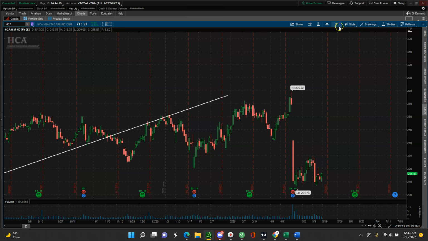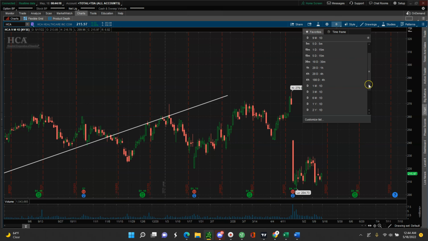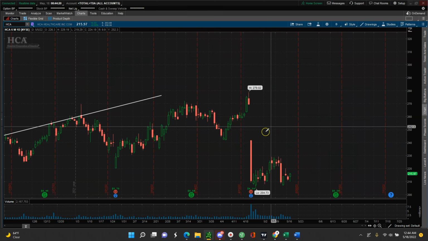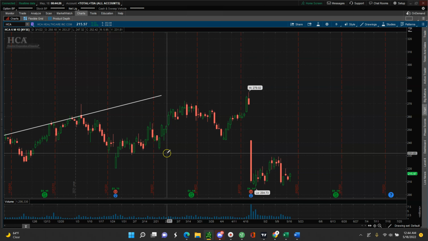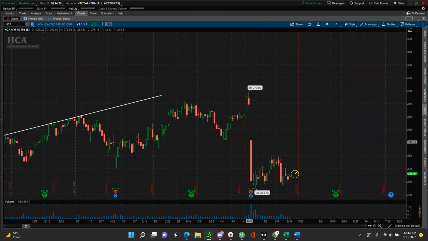So let's take a look at the 6 month daily chart. It looks very similar to the 9 month and the 12 month. You just have less time. So still, you just see that the overall trend is sideways.